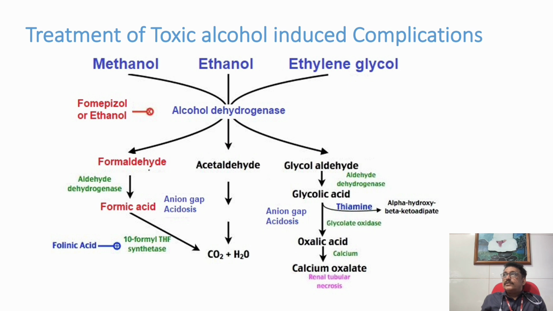If we get a toxicology report fast, then it is easy, whether it is methanol, ethanol, ethylene glycol, whatever it is. But if you are not getting it, better to give treatments like fomepizole, folic acid, thiamine. All these things are important. Some more vitamins will be explained afterwards. So immediately start the treatment. If we are not having any good result after this initial treatment, better to take this patient for dialysis.